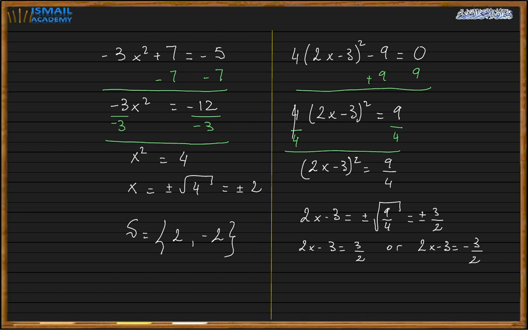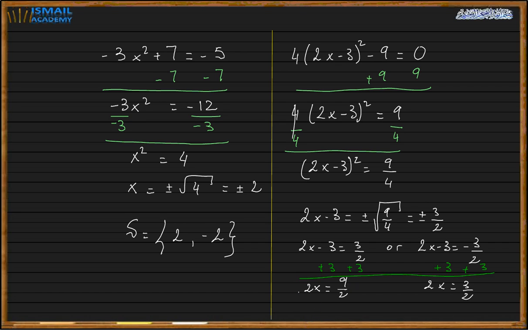So you add 3 to both sides. The same thing here, you add 3 to both sides. Then you will end up having 2x equal 3 plus 3 halves, which is 6 halves plus 3 halves, so it's going to be 9 halves. And here we have 2x equal 3 minus 3 halves, which is 3 halves.